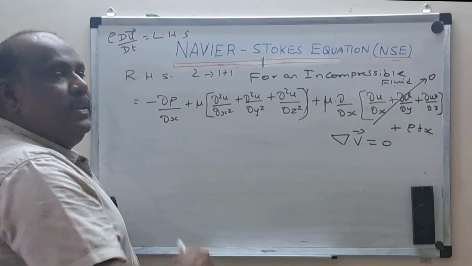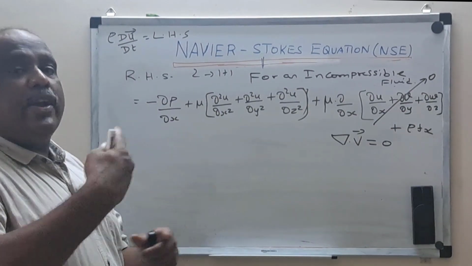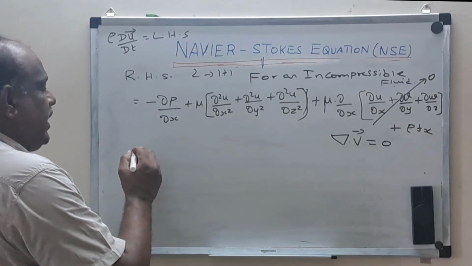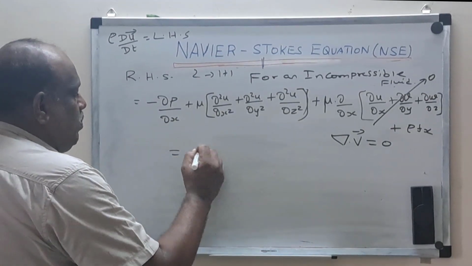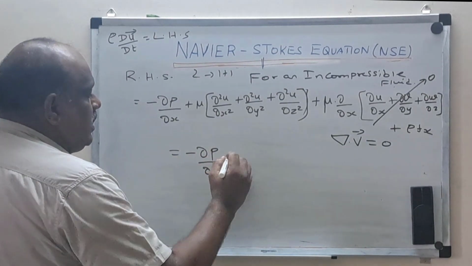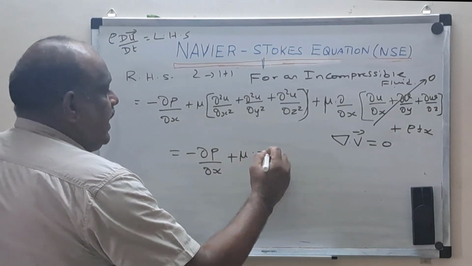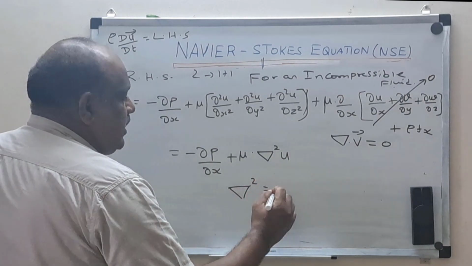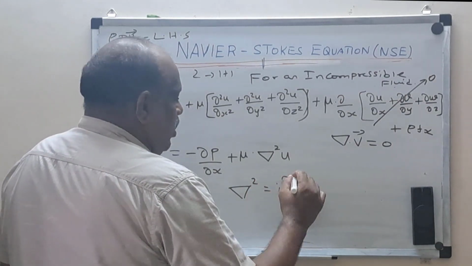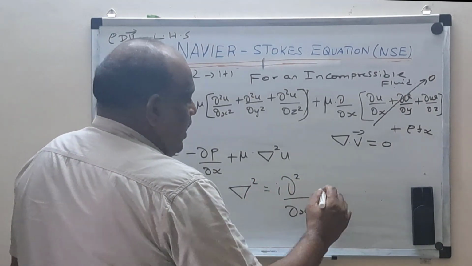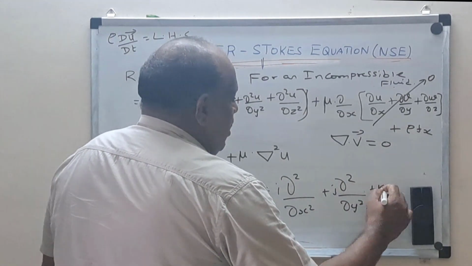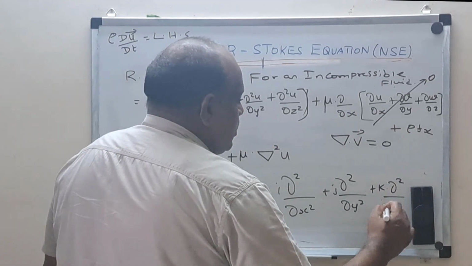What about this term? This term is nothing but what? Second order derivative of u. So it is nothing but called as what? Del squared u. So I can write as minus ∂p/∂x plus μ of del squared. What here does del squared indicate? Del squared indicates i of ∂²/∂x² plus j of ∂²/∂y² plus k of ∂²/∂z².